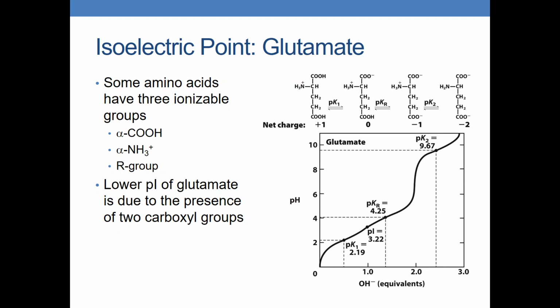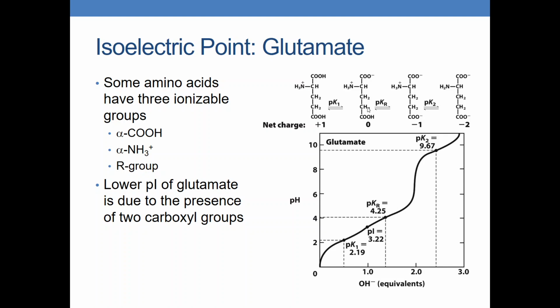So what you should be interested in, if you draw out the fully protonated form and walk it all the way down to fully deprotonated, are the pKa's that lead to and lead away from my neutral species. So if I have 3 functional groups that are ionizable, I only care about 2 of them. And that is going to be the 2 that flank on either side my neutral species.